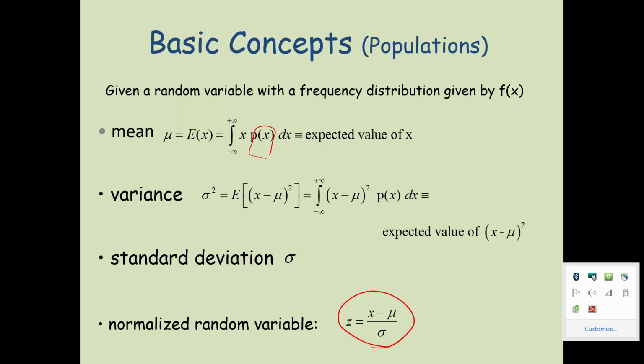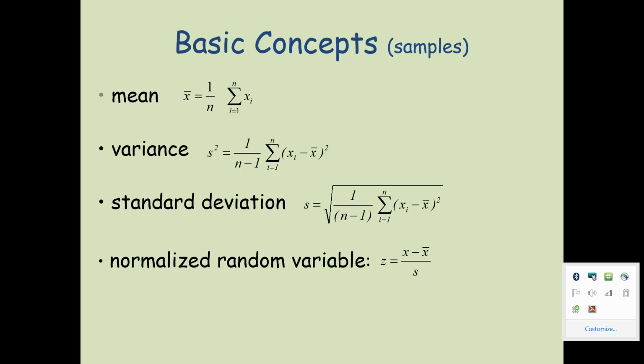That gives us what's called a normalized random variable. You'll note that the value of z, because we've taken the ratio, x minus mu divided by sigma, will be non-dimensional. And so you can compare different random variables to each other if they have been normalized.